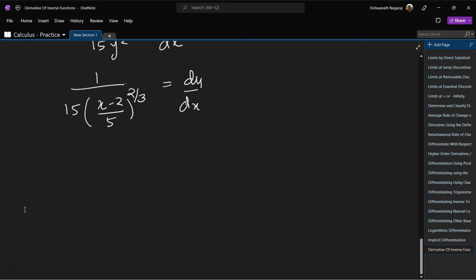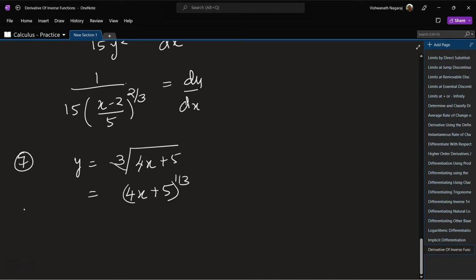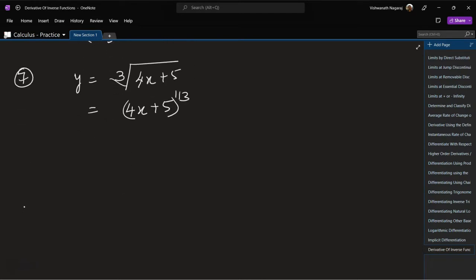Seventh one. y is equal to cube root of 4x plus 5, which can be written as 4x plus 5 to the power of 1 by 3. Now its inverse is going to be x is equal to 4y plus 5 to the power of 1 by 3.